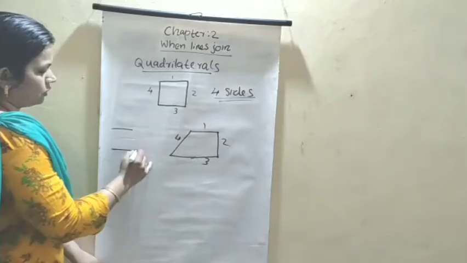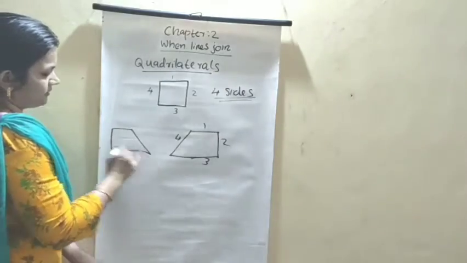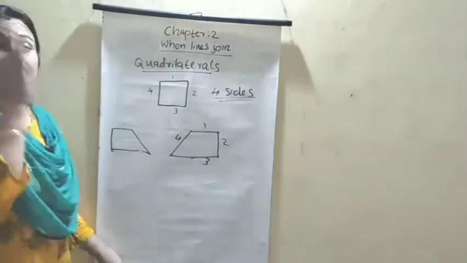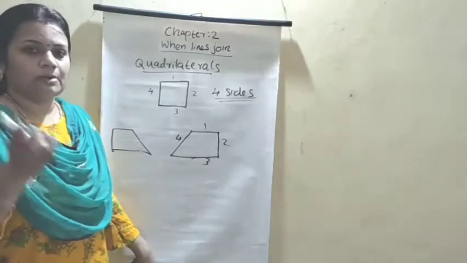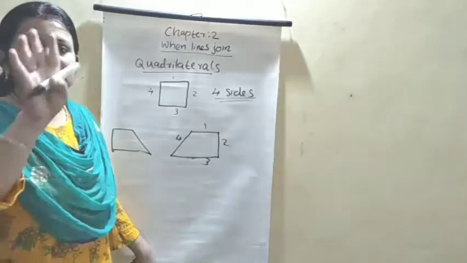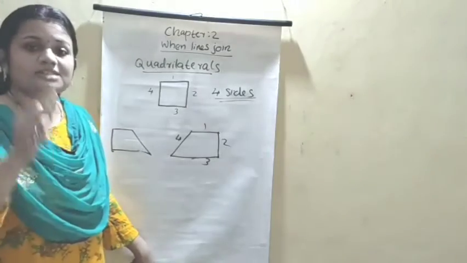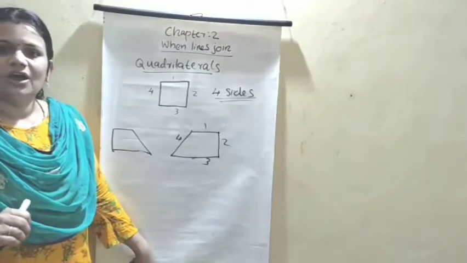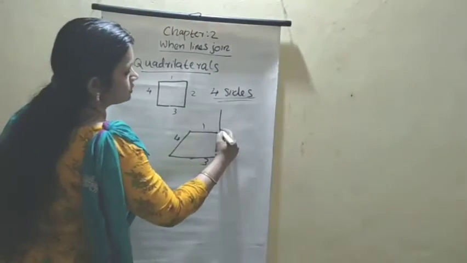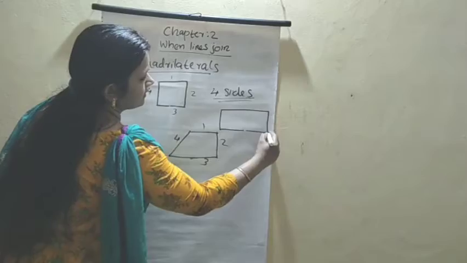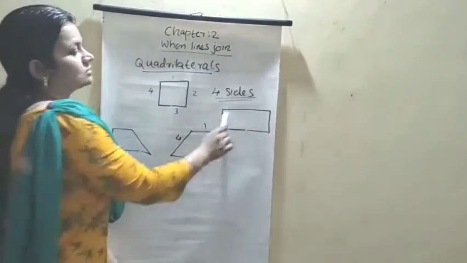Then also we can draw the next one. This is also a quadrilateral. But you should understand one thing. Do you remember one thing? The quadrilateral has four sides. Then the square is a quadrilateral. Next also the rectangle has four sides.